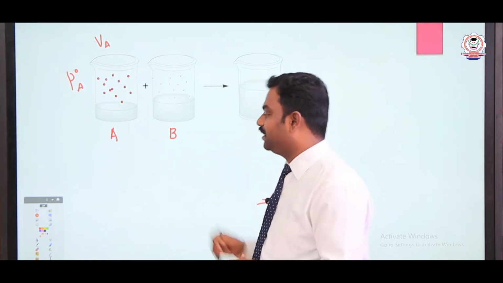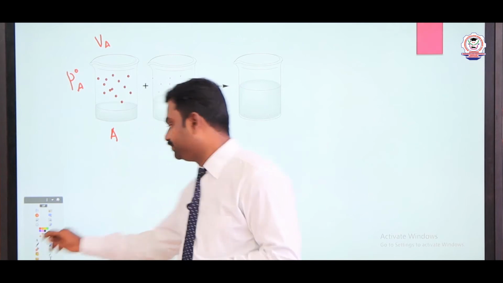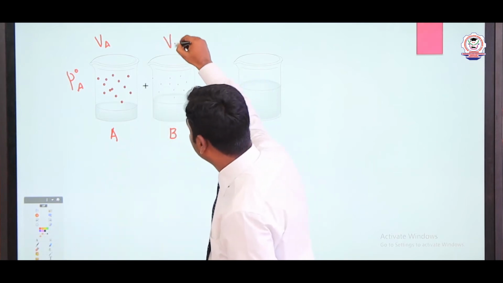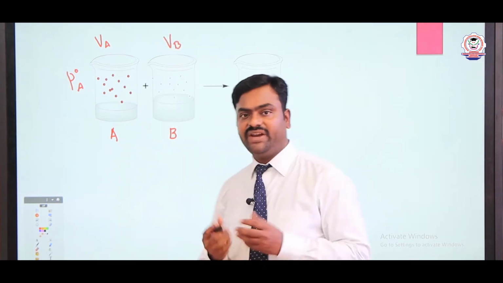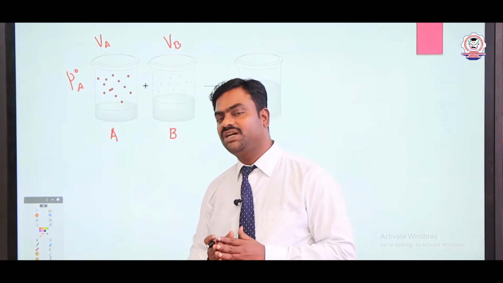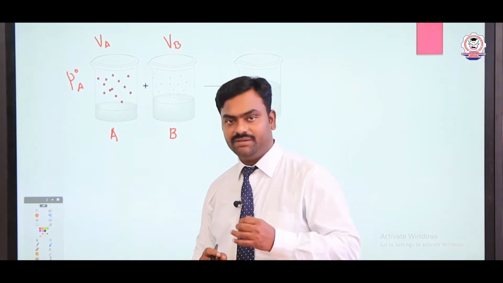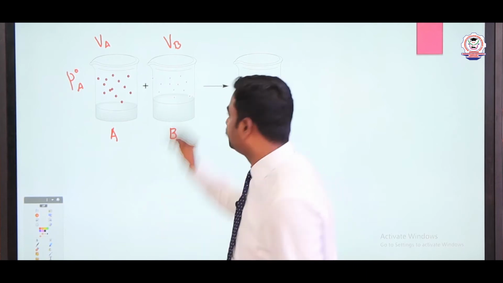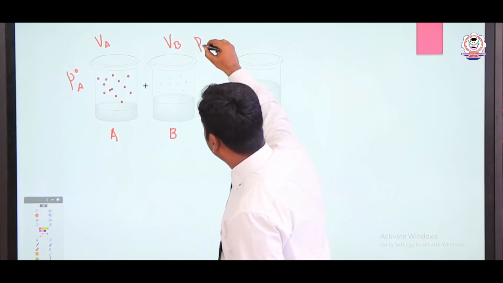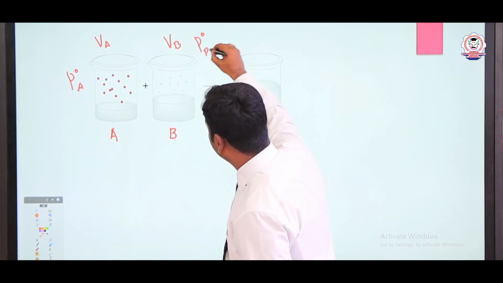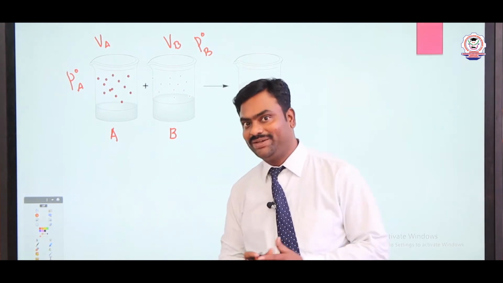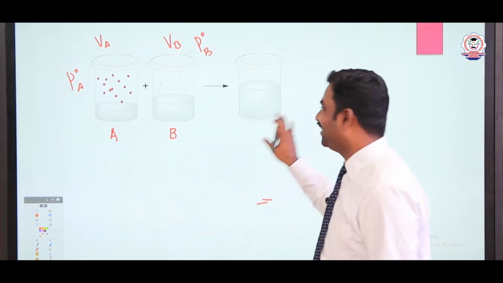The vapor must be known as VB, and it creates a pressure, right? The pressure must be called P naught B, because it is a pure solvent. P naught B. Now, we are going to mix them together and it will make a solution.